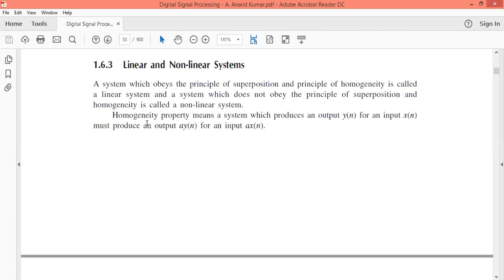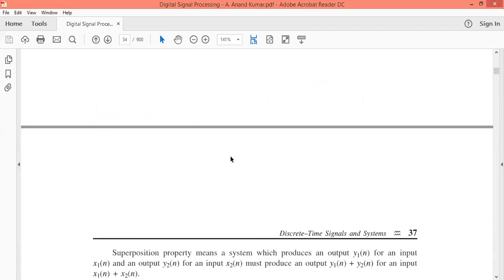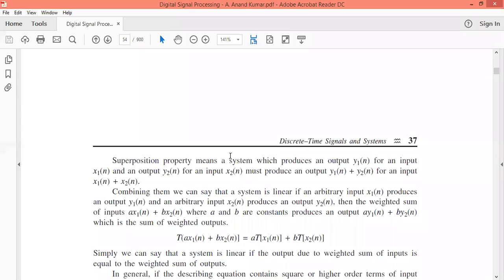Similarly, what is homogeneity? If you apply a x1 as the input, the output should be a y1. Then the system is said to be linear if these two conditions are satisfied.